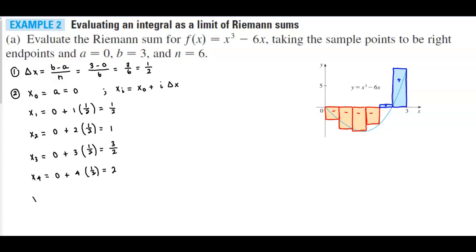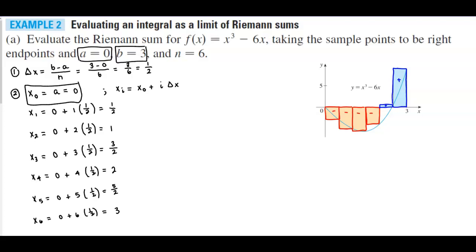Then x subscript 5 equals 0 plus 5 times 1/2, which is 5 over 2. And x subscript 6 is 0 plus 6 times 1/2, so that gives us 3. Recall that we started with a equal to 0, and we end when b is equal to 3, because that represents our value for b.